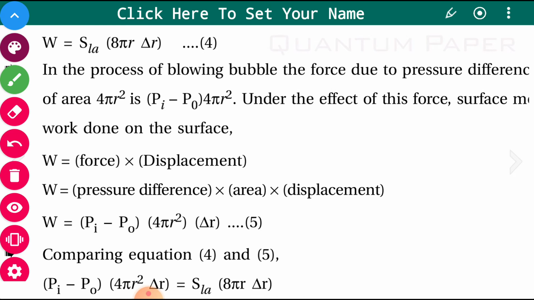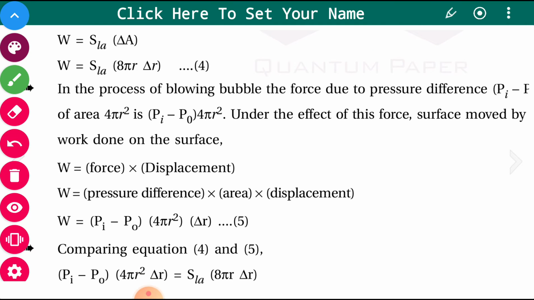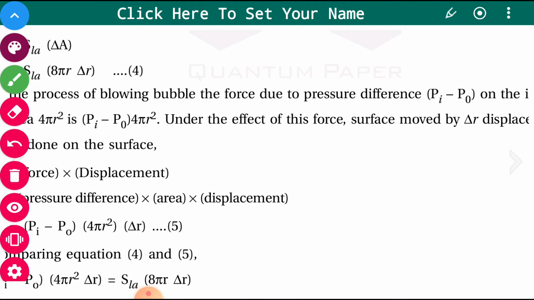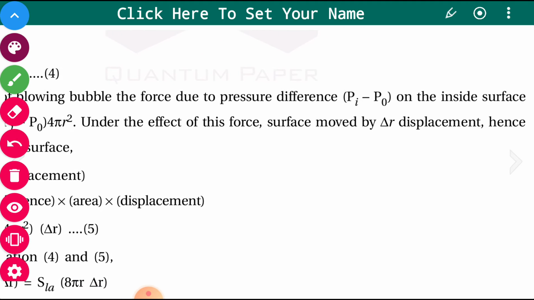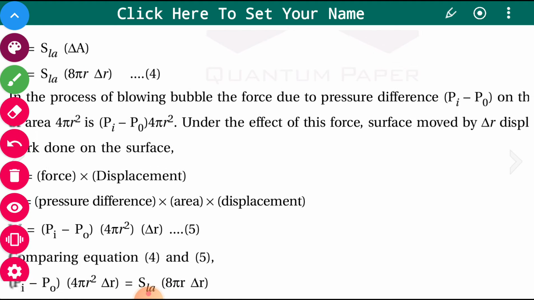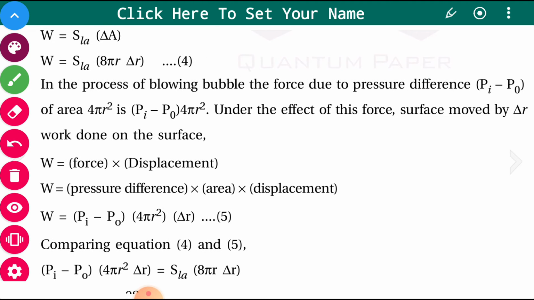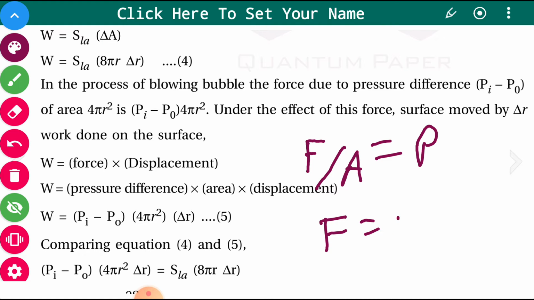Now in the process of blowing the bubble, the force is due to the pressure difference Pi minus Po on the inside of the surface, and the area is 4 pi r square. As you know, force upon area gives you pressure, so F is equal to pressure multiplied by area.